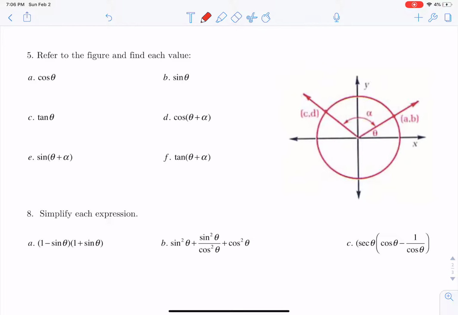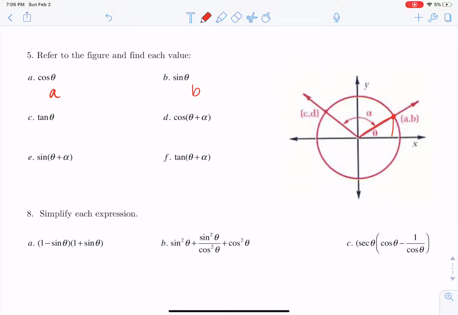Here I'll do a few of these problems with you, but I really want you to work through some of them. So cosine of theta here we know is A. Sine of theta we know is B, so we're looking at this theta angle right here, and again knowing that this is in relation to a unit circle.